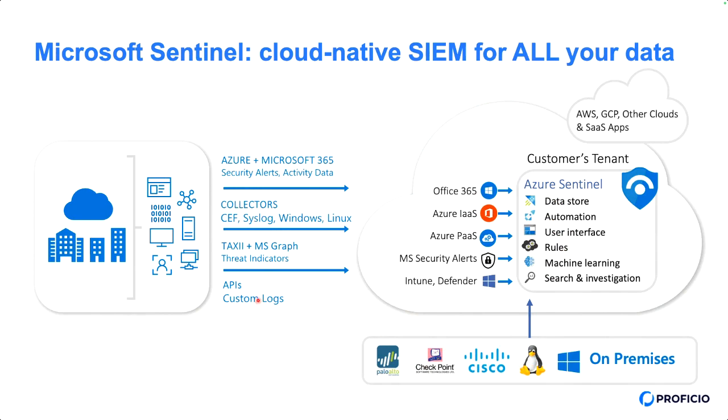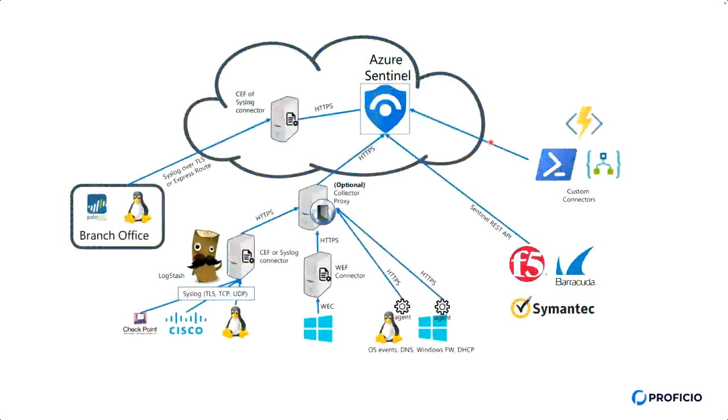So you can use different means of connectors to integrate different log sources to your instance of Sentinel. And here you can see a variety of everything, right? So you can use cloud native integrated solutions. You can use a branch office approach and bring over your data to Sentinel using syslog over TLS or ExpressRoute.